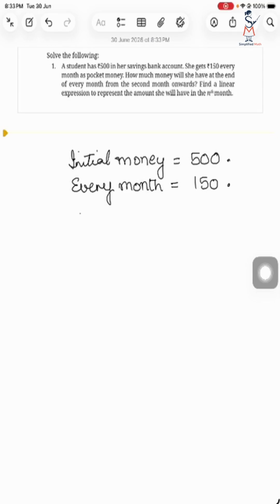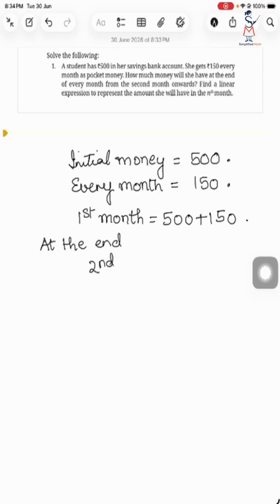So we will see the first month. We can see this, no need to calculate it: 500 plus 150. At the end we will write, because we want to find at the end of the second month. How much money will she have at the end of the second month?